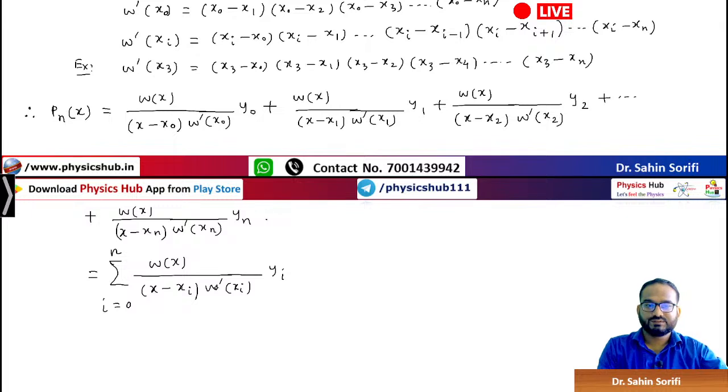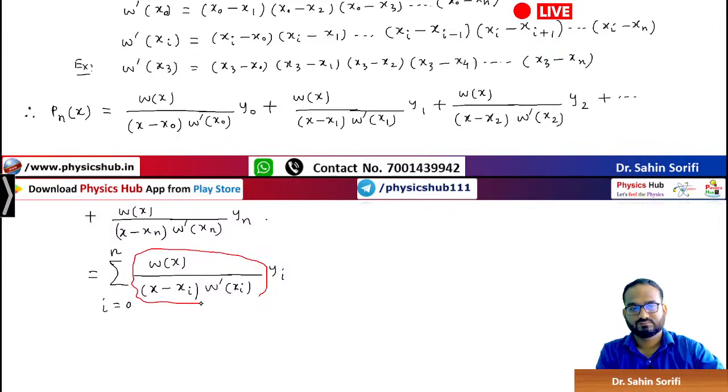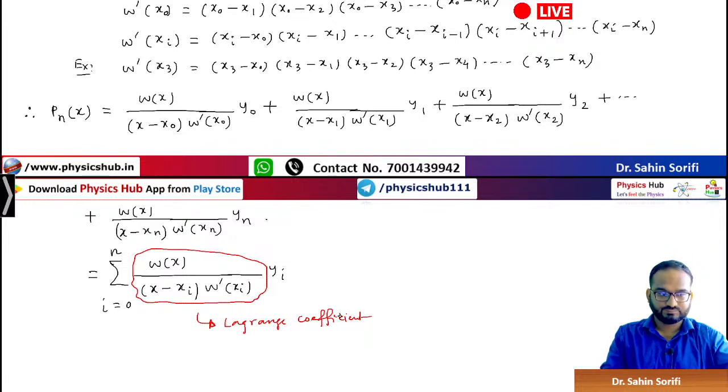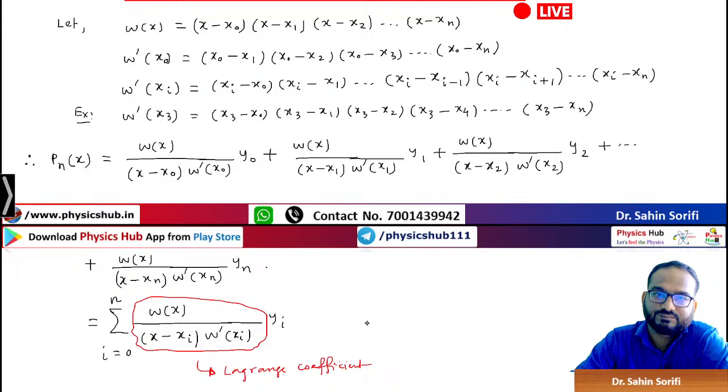So this is the common formula. Here, this term is known as the Lagrange coefficient. When we do a problem, it will be more clear.